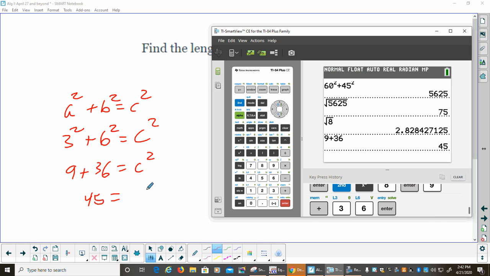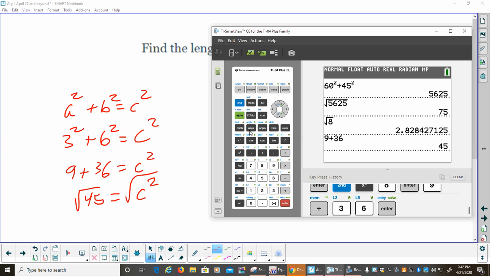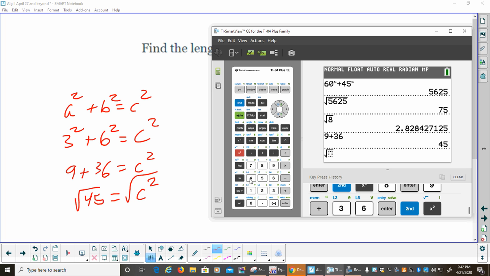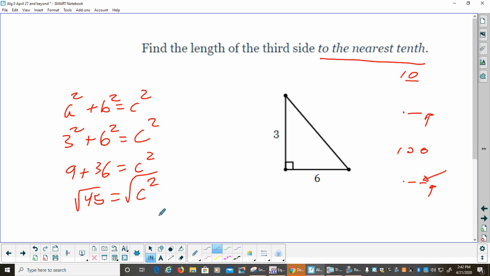Yep, 45. And then you're going to square root both sides. Because it says round to the nearest tenth, you're just going to type that in your calculator to see what it gives you. So we're going to square root 45, and you're going to round to the nearest tenth. So you're looking to the hundredth and rounding to the nearest tenth. So it's going to be 6.7. So 6.7 is what you're going to type in.